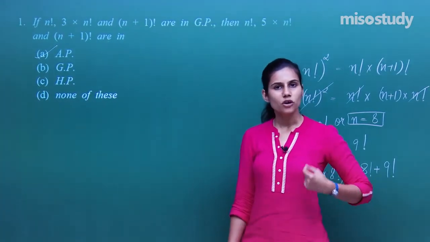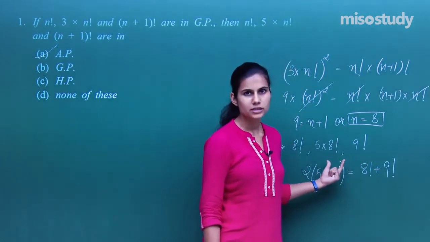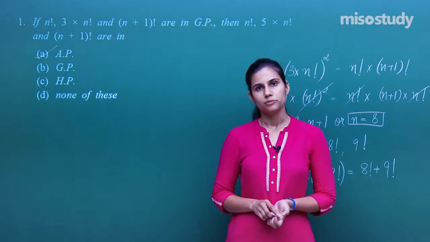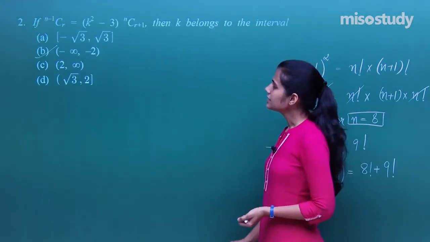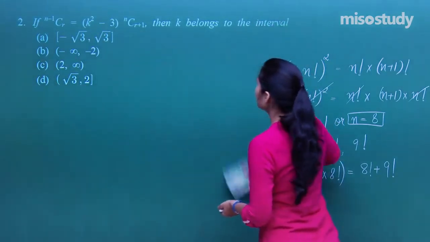So the moment the value of n is out, it's easy to understand that twice the middle term equals the sum of the two extremes, and hence the three are in arithmetic progression. Clear?